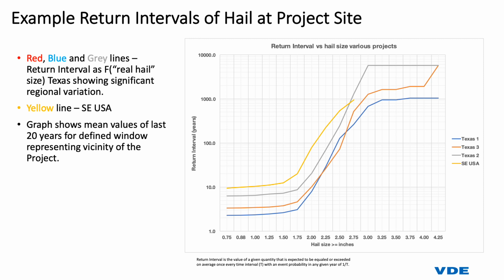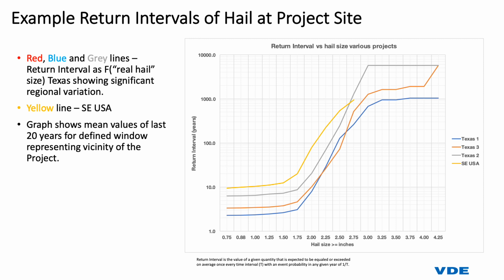So this slide is showing return intervals for various locations in Texas. And what we mean by return interval is, what do we expect on average to be the time interval between occurrences of naturally occurring hail with the same size.